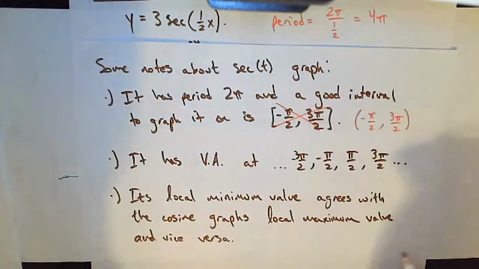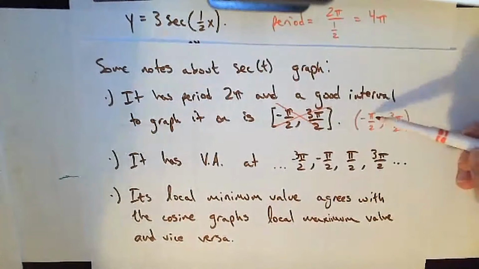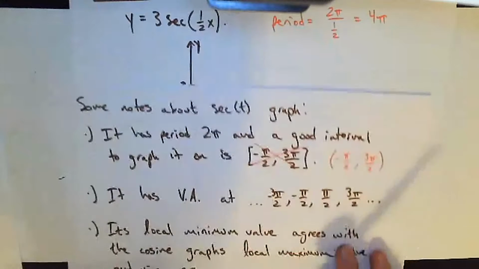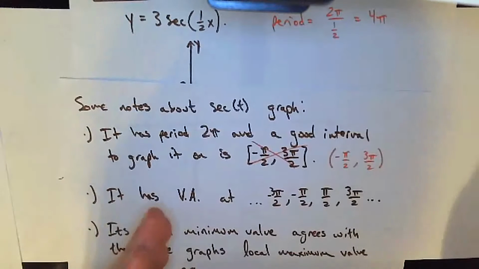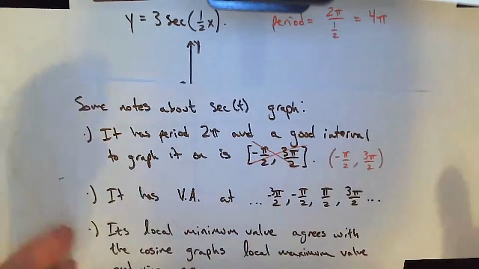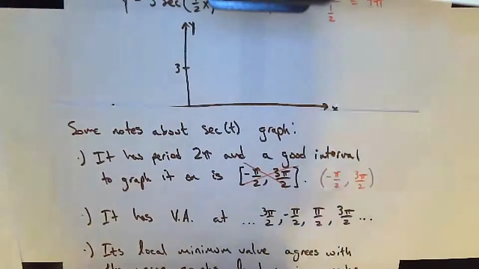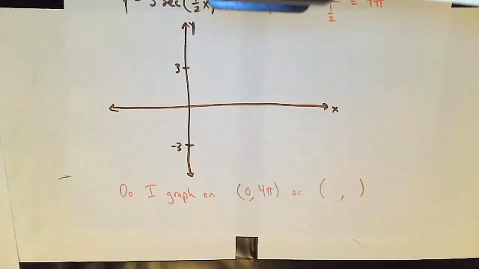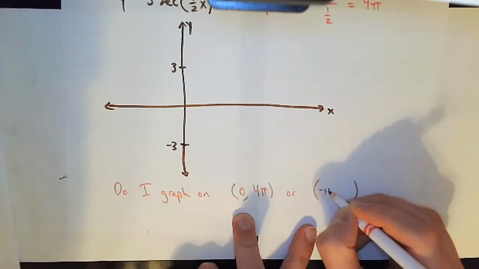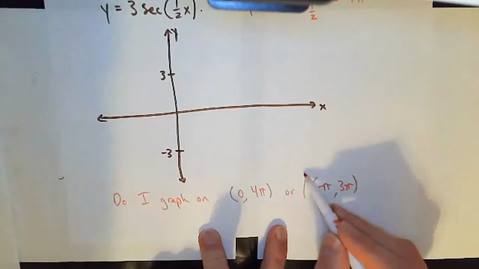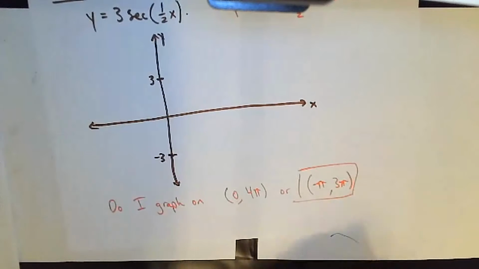You don't want to break up that top curve. So negative pi on 2 to 3 pi on 2. How does that correspond here? If I've doubled the interval length, so instead of just scooting it back a pi on 2, I'm going to scoot it back a whole negative pi. So instead of going from 0 to 4 pi, I'm going to go from negative pi to 3 pi.